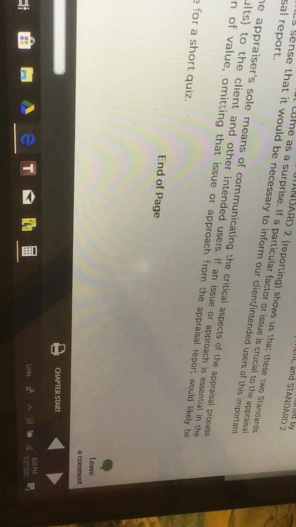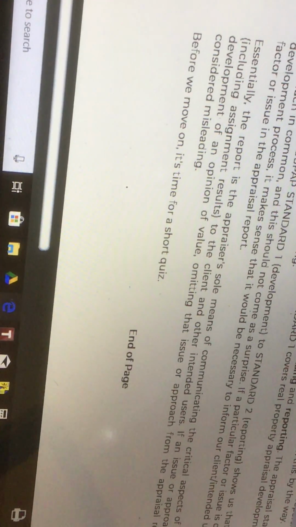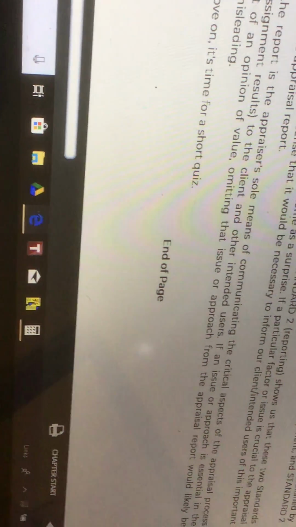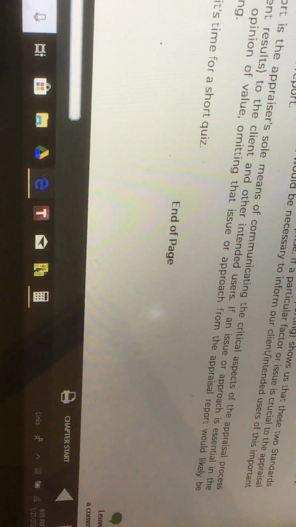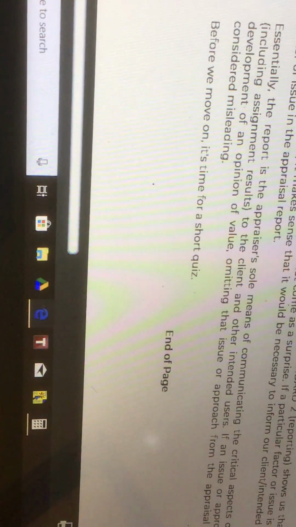If an issue or approach is essential in the development of an opinion of value, omitting that issue or approach from the appraisal report would likely be considered misleading.